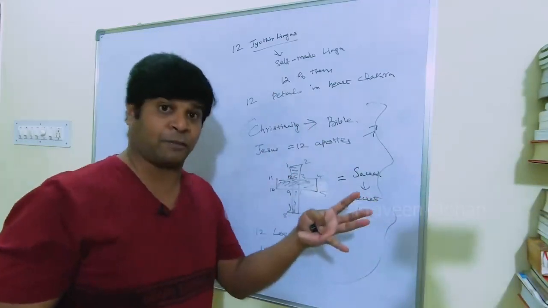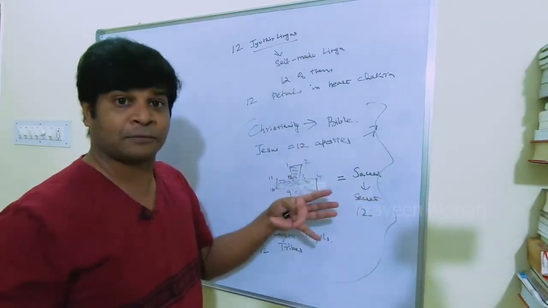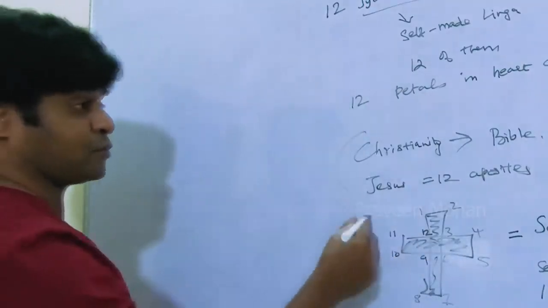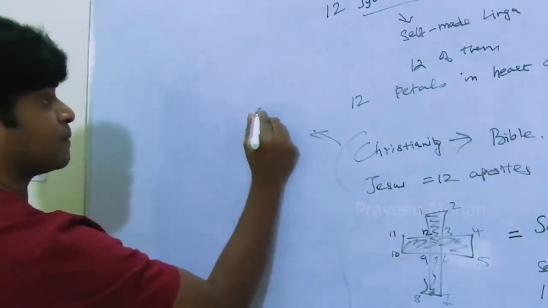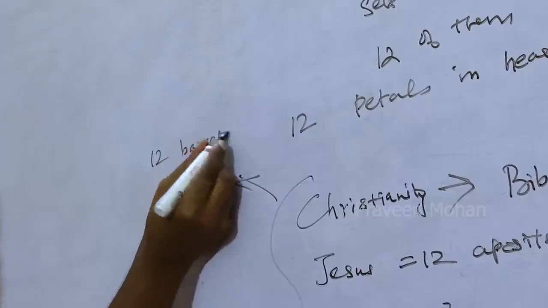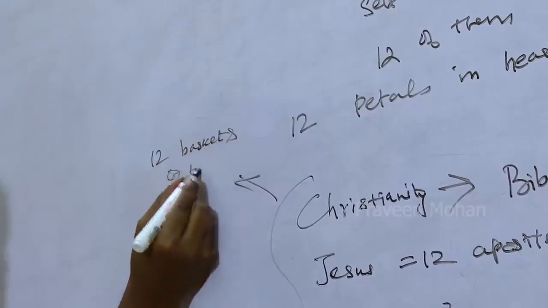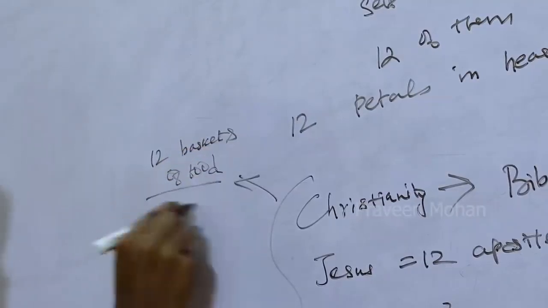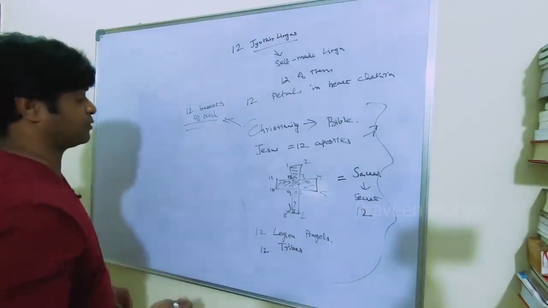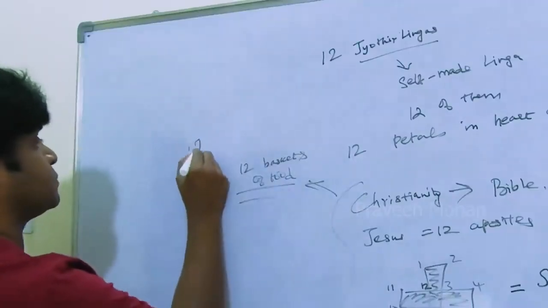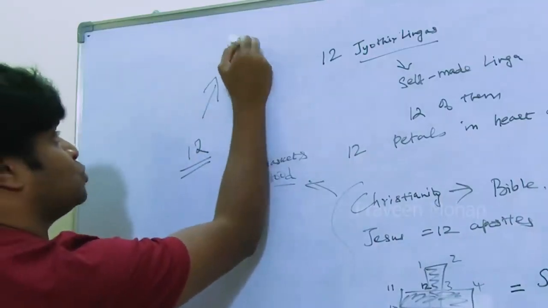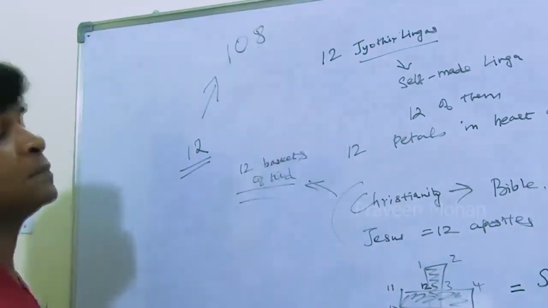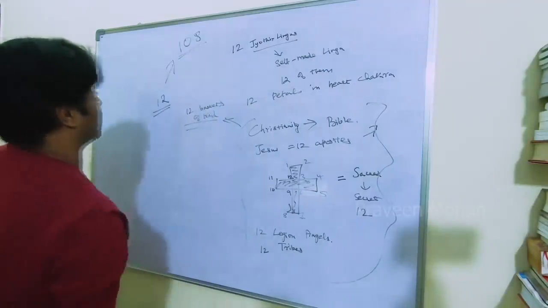In Buddhism, for example, you will see this pattern. And this is why the number 12 is used in Christianity so much. 12 baskets of food. So many different things, because the number 12 is fundamental to the design of 108, okay?